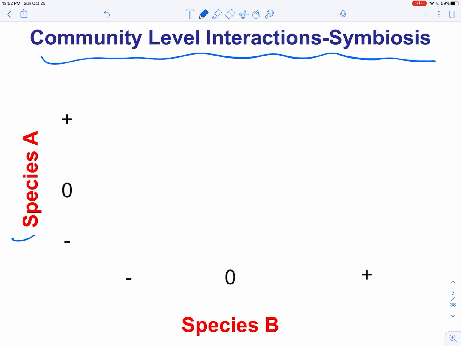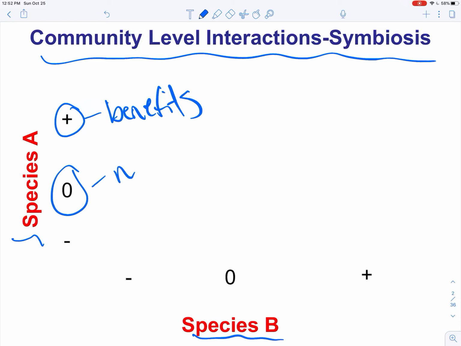We're going to do this through a table where we consider species A and species B and how they're interacting together. So you see a positive sign here. This means that a species benefits from the interaction. A 0 here represents a neutral interaction.